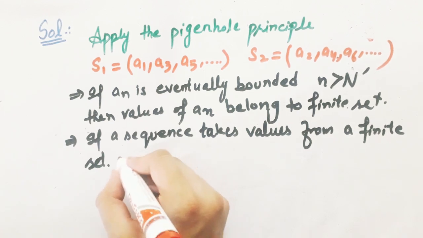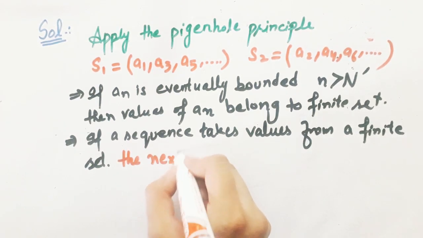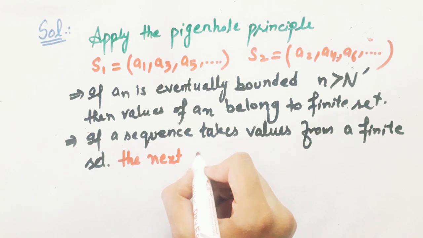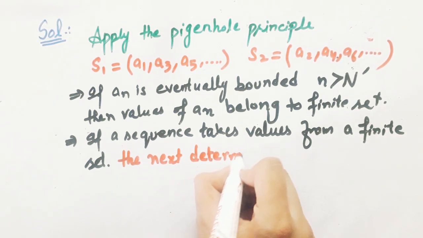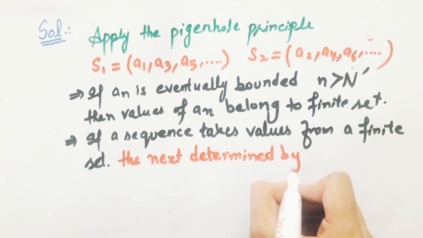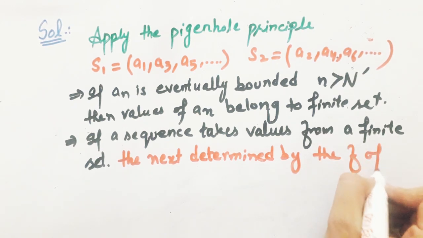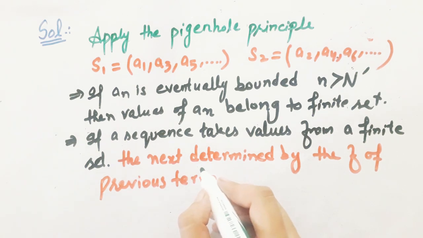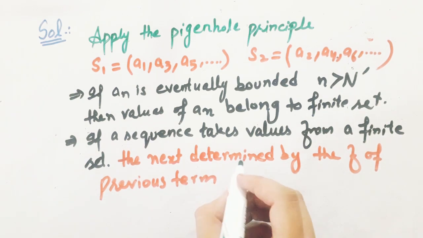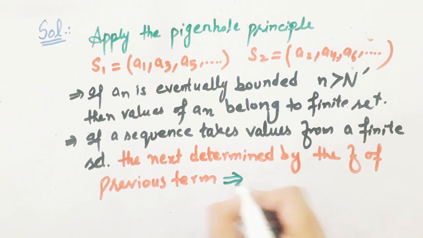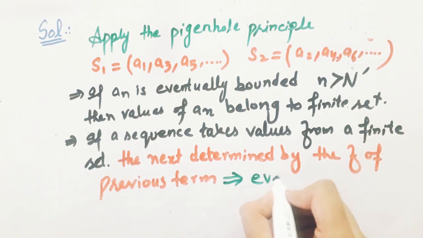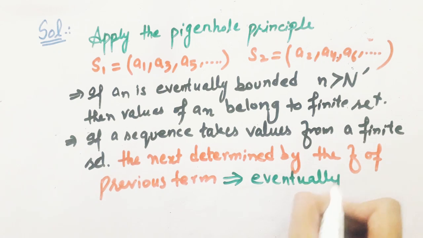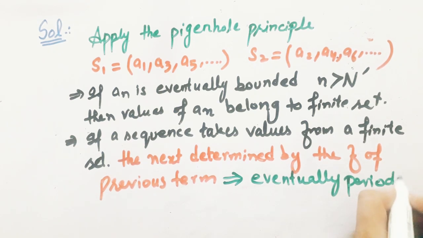So the next term is determined by the frequency of the previous term, which implies that with previous terms in a growing prefix, it is highly likely to become eventually periodic. So we will say that the sequence is eventually periodic.